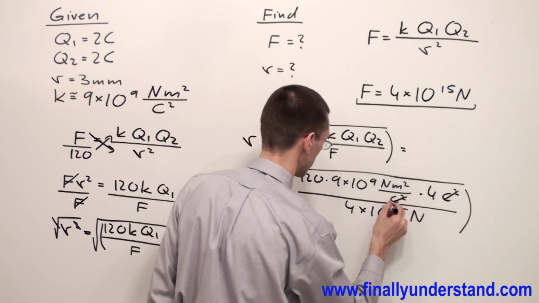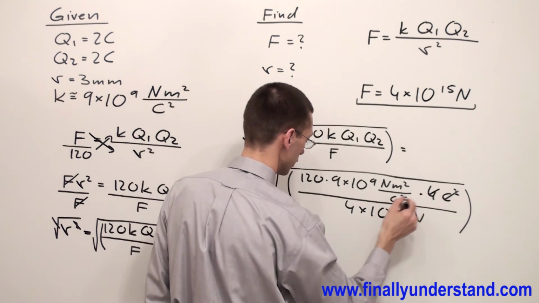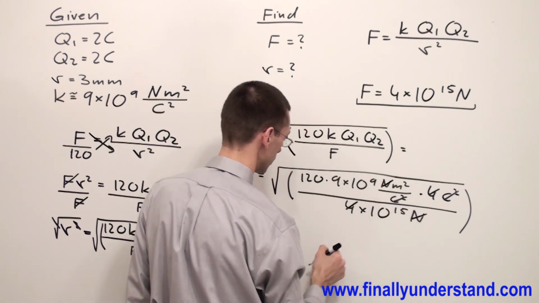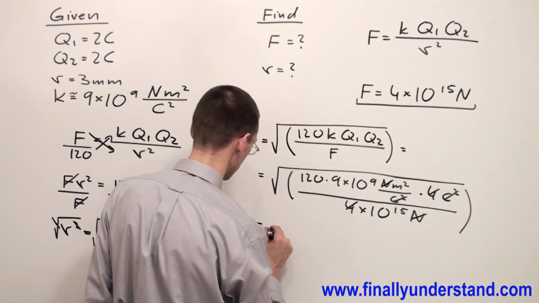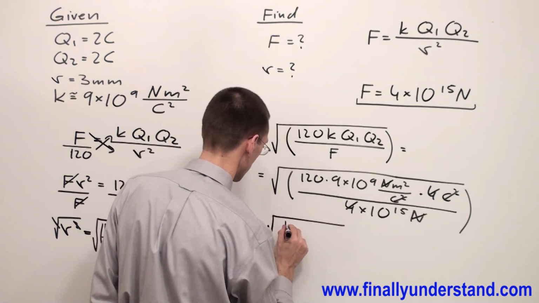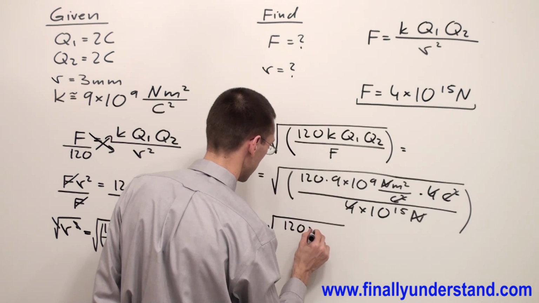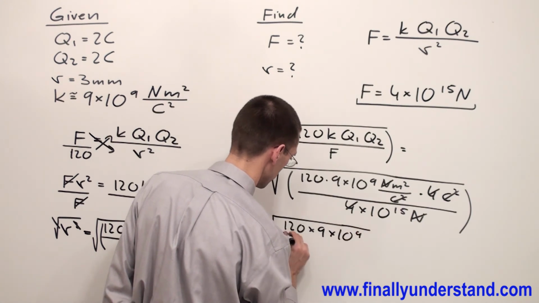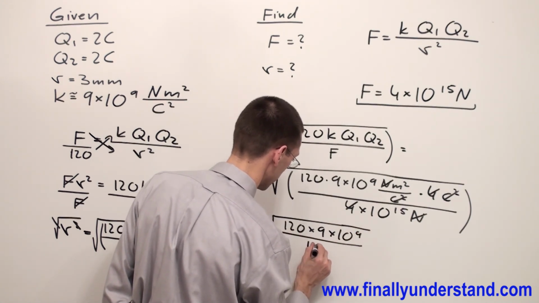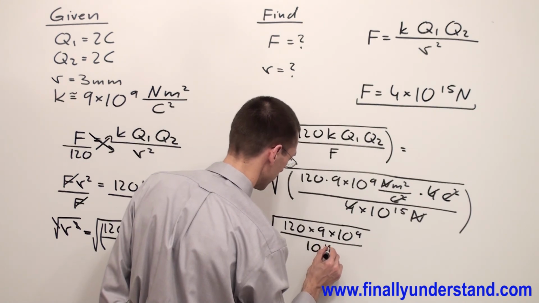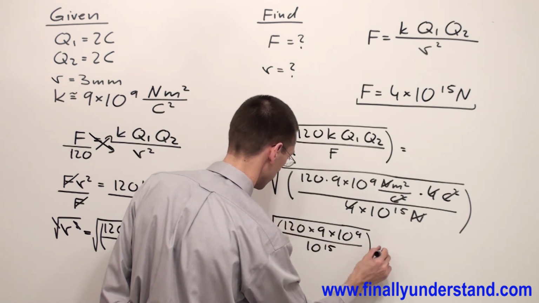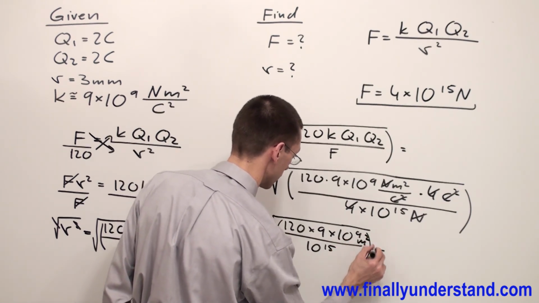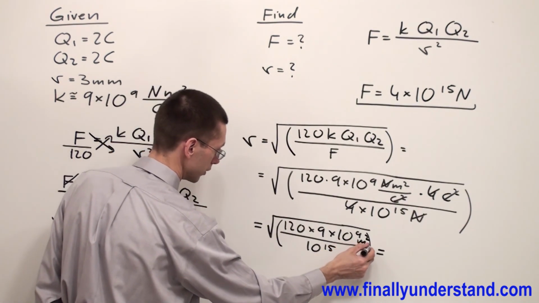Coulomb square and coulomb square will cancel out. 4 and 4 will cancel out. Newton and newton will cancel out. And I'm going to end up simply with 120 times 9 times 10 to the 9 over 10 to the 15, in meter square.